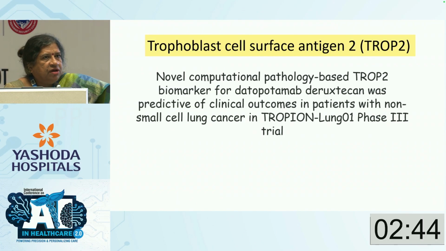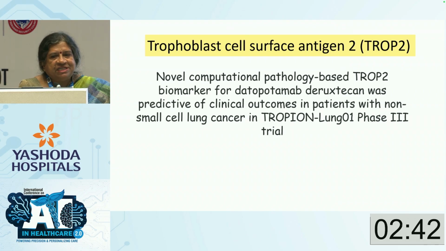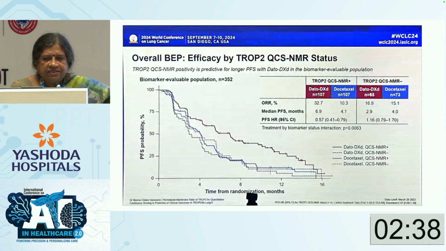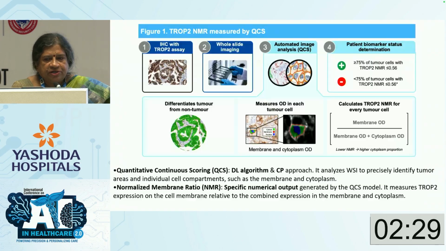Coming to a novel computational pathology-based biomarker, that is trophoblast cell surface antigen 2 for lung cancer patients. This is called TROP2 QCS, that is quantitative continuous scoring normalized membrane ratio biomarker. This basically demonstrates the presence of TROP2 on the cell membrane relative to cell membrane and cytoplasm.